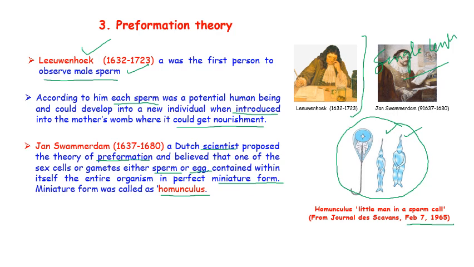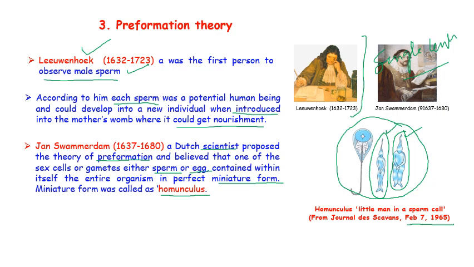So Swammerdam believed that the gametes, be it sperm or egg, contained little forms of human beings, miniature forms of the living organisms.